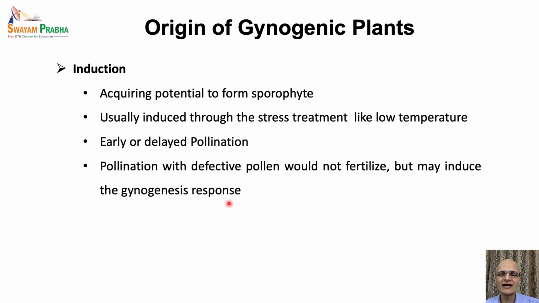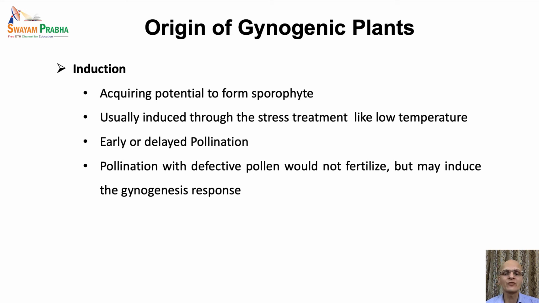The idea behind the use of defective pollen is that though the pollen will germinate, it may grow on the female gametophyte and would release some growth substances that would diffuse from the pollen and prepare or induce the female gametophyte for further development.